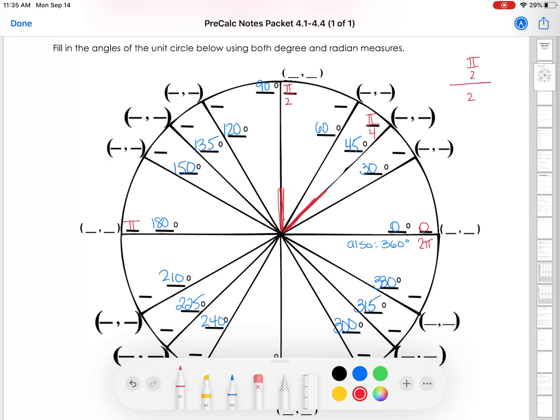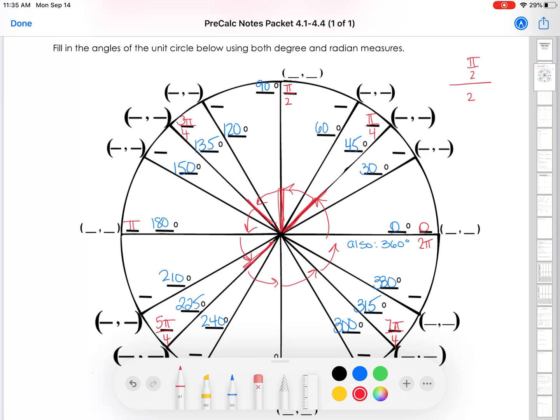So really this is pi over 4, so like 1/4, 2/4. This is that same measurement, so that'll give me 3/4, 4/4, 5/4, 6/4, 7/4, and 8/4. That'll give me my 2 pi again.